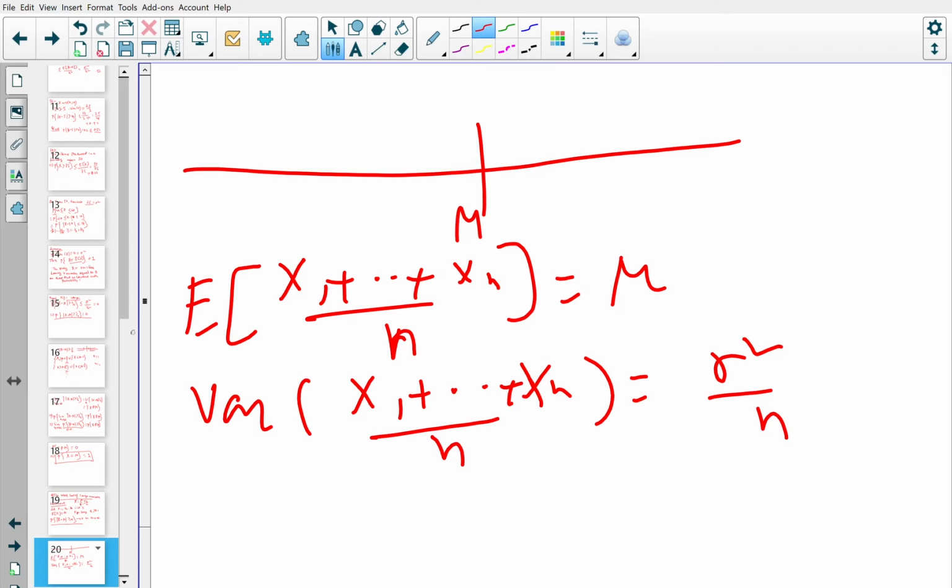The proof is simple, because we have the Chebyshev inequality.